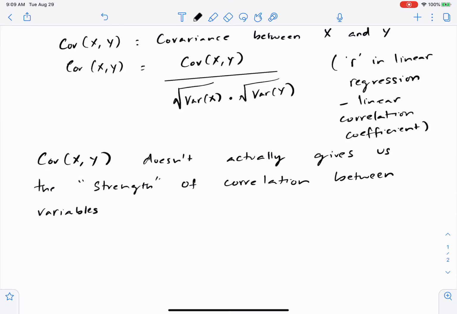In other words, if I have a large covariance, it doesn't imply that x and y are strongly correlated.